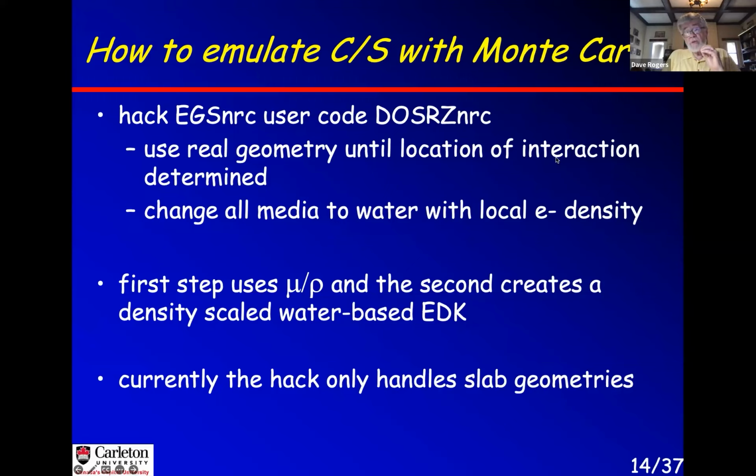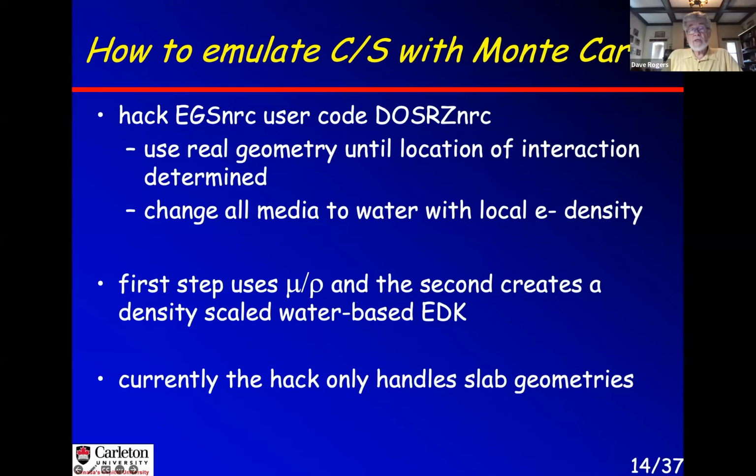But then as soon as the computer code had decided, okay, I am going to interact wherever, the water or the bone, wherever it was, then because it's a computer program, I just had it suddenly treat all of the media as being water with the local electron density that that medium had.